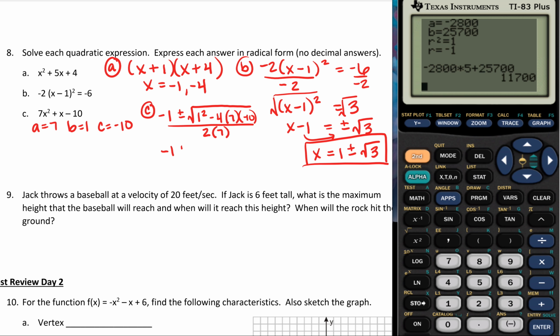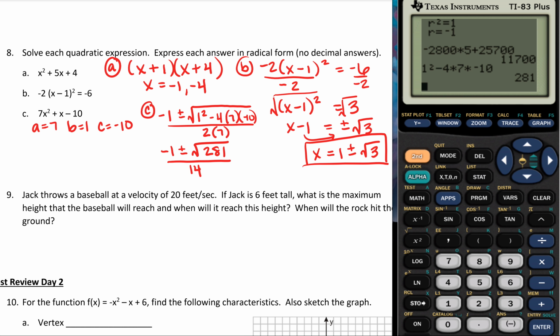I get negative 1 plus or minus the square root. I get, let's see, I'm going to do 1 squared minus 4 times 7 times negative 10. I get a 281 underneath my square root. So square root of 281 over what ends up being 14. 281 is not divisible by 2, which means it's not divisible by 4.